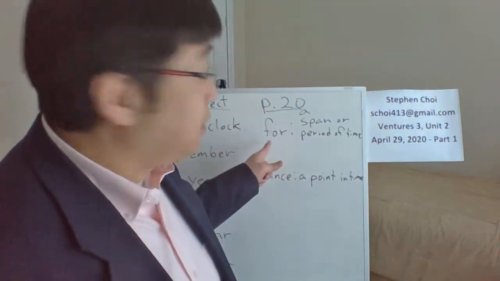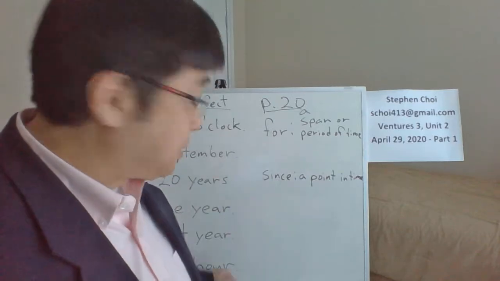But as I've mentioned again in the Monday videos, we can use specific time reference in present perfect if we use the words for and since, right?